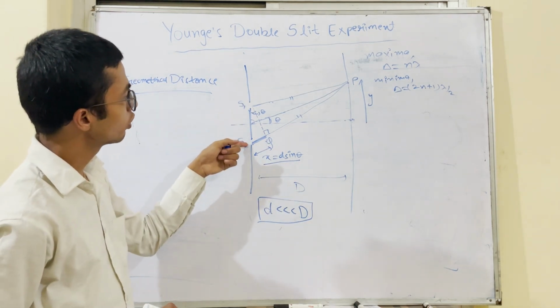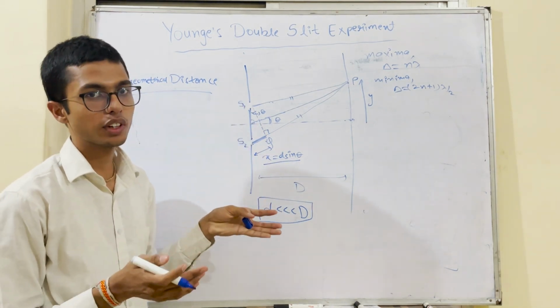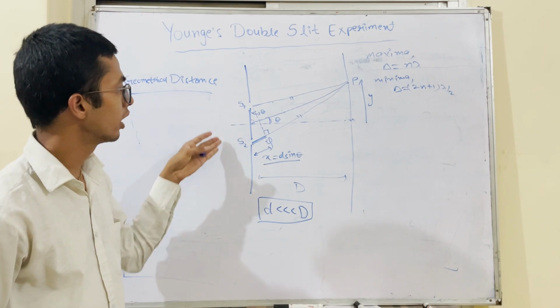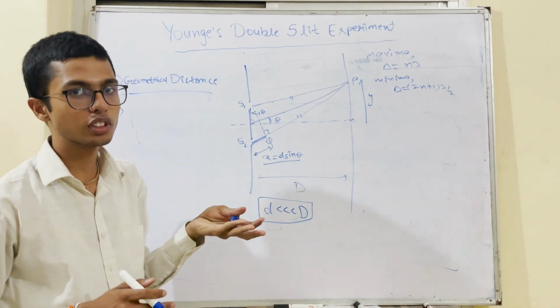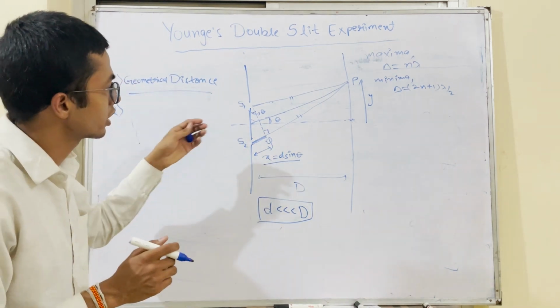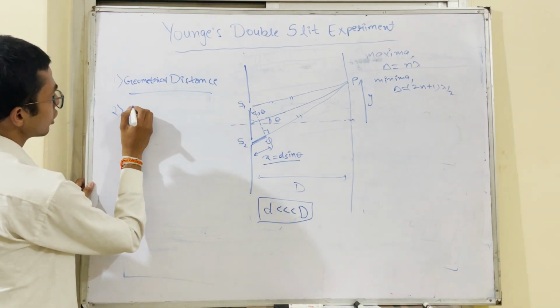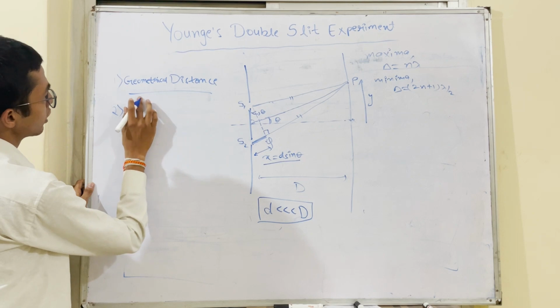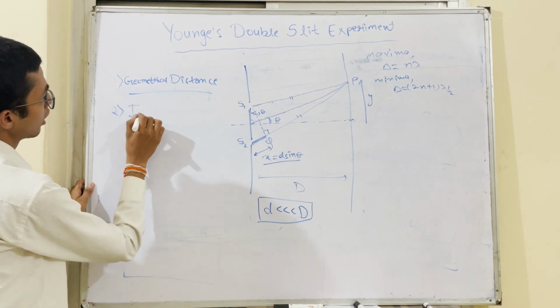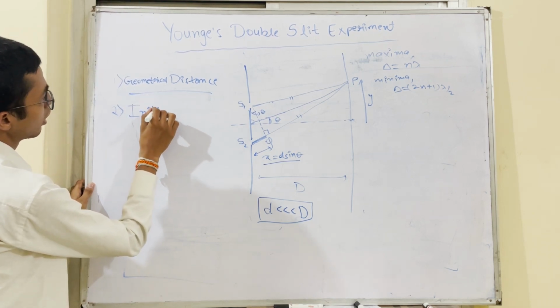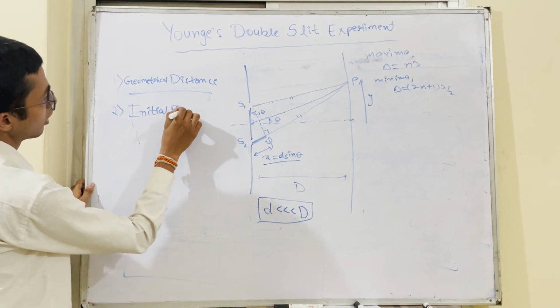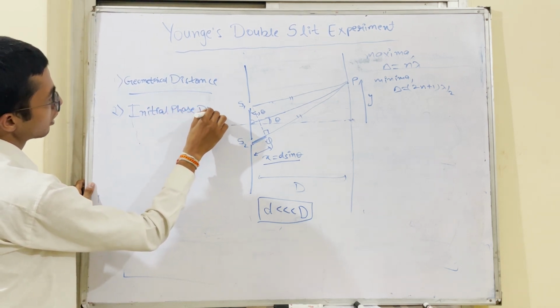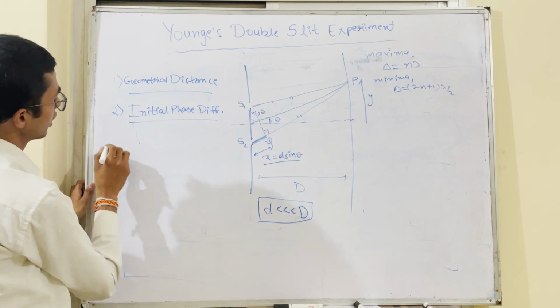Second is if the two waves have an initial phase difference. Here the light source is the same, so no phase difference is there. If some phase difference is there, that is also a cause of path difference. So initial phase difference.